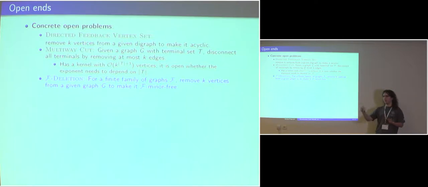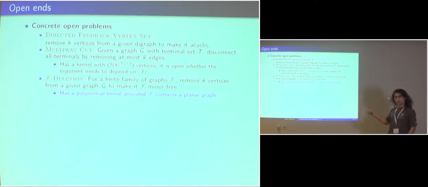So you want to make your graph F-minor-free by deleting at most k vertices. Yes? So this has a polynomial kernel if F contains at least one planar graph. But this makes the problem very different from the original problem. And whether for any F this has a polynomial kernel is an open problem.